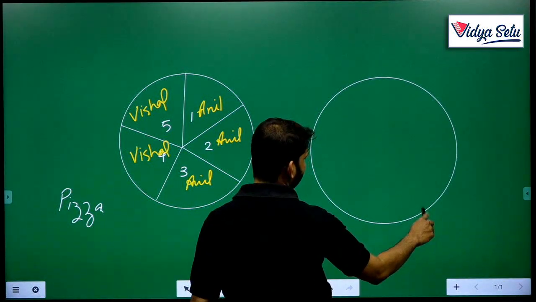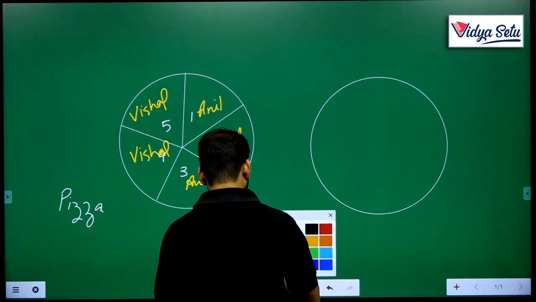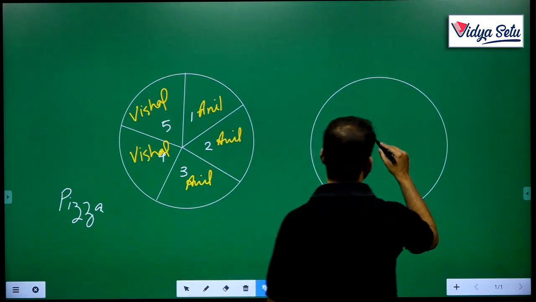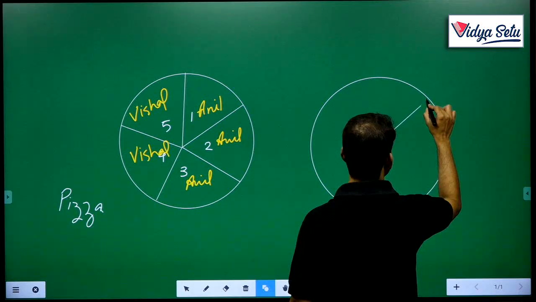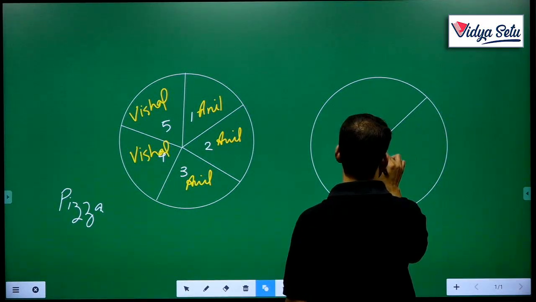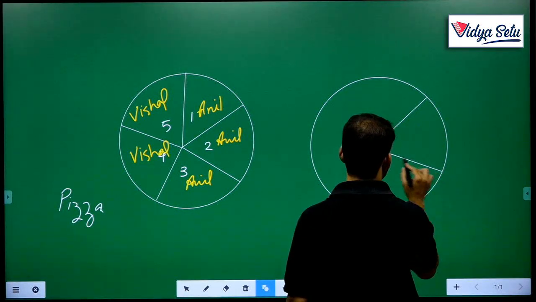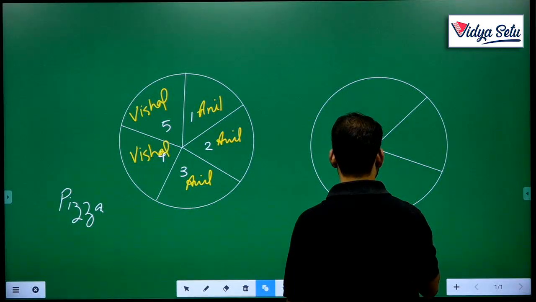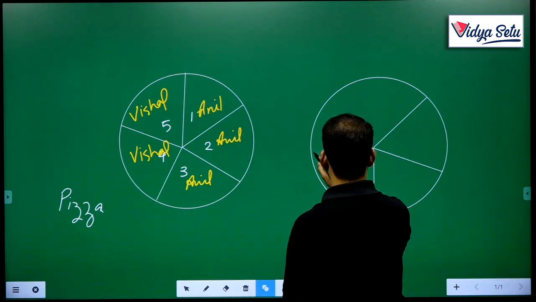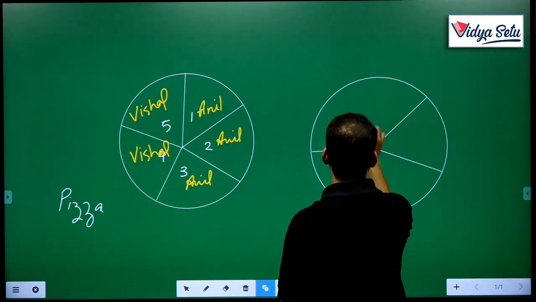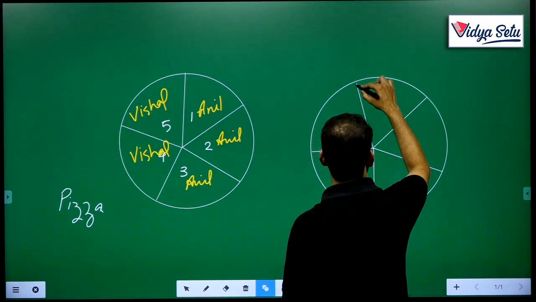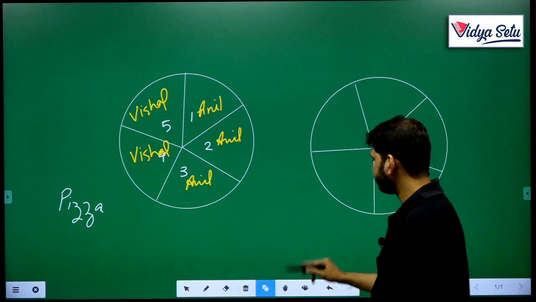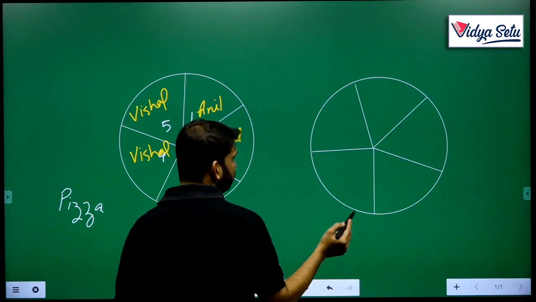So this is our firm's profit. Why am I dividing it only in 5? Because the denominator says it's 5. Again, assume that these are equal pieces.